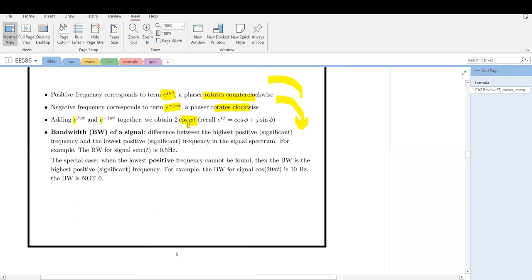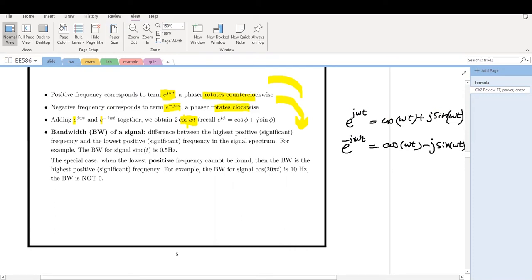This can be justified by using Euler's formula. e to the power j omega t equals cosine omega t plus j sine omega t, right? And then e to the power minus j omega t equals cosine omega t, there's a bracket here just in case, minus j sine omega t.